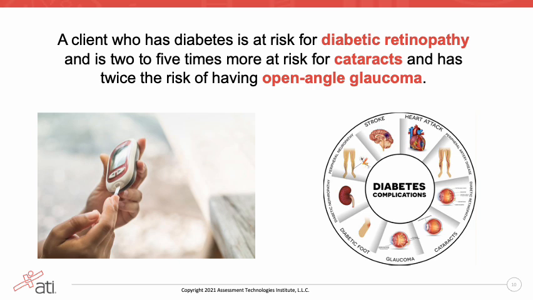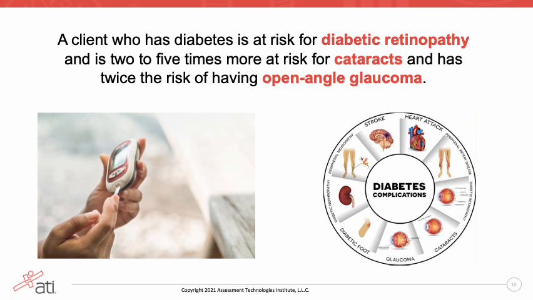Macular degeneration is the number one cause of vision loss and blindness for clients over 65 years of age in the United States. Macular degeneration blurs the sharp central vision, and that makes driving, reading, and seeing facial features difficult. Unfortunately, this disease is irreversible and its cause is unknown, but they believe that genetics and environmental factors may play a role in its development.